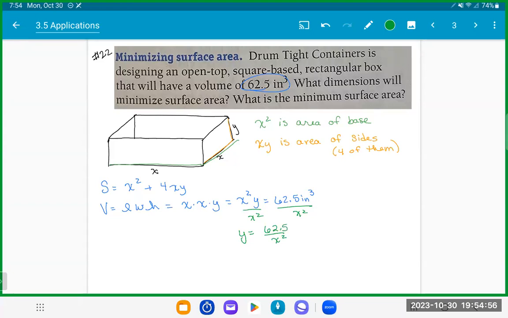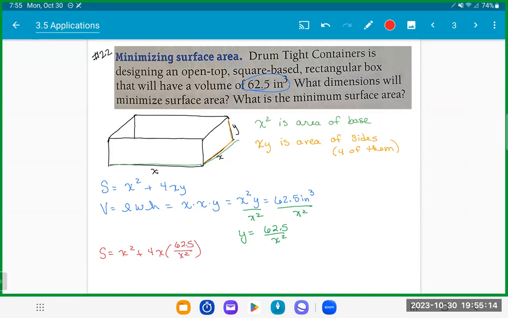So when we plug that into our S function, S equals x squared plus 4x times 62.5 over x squared.